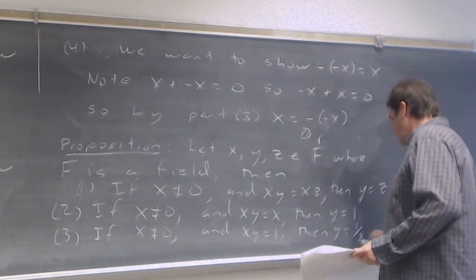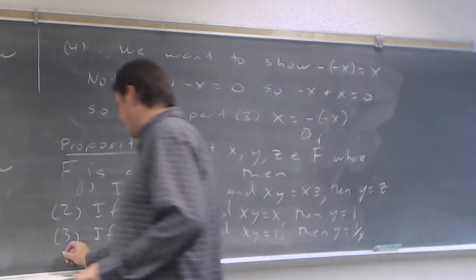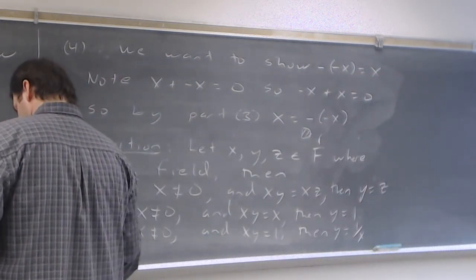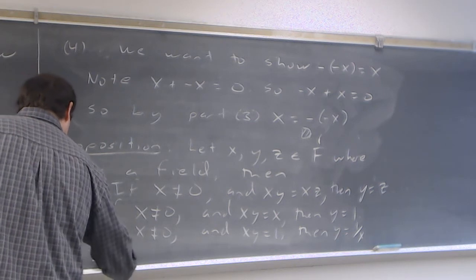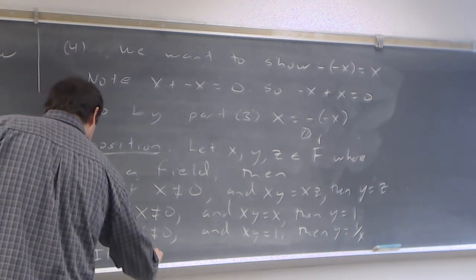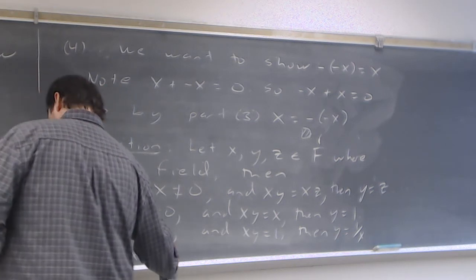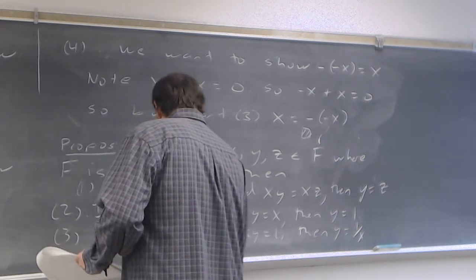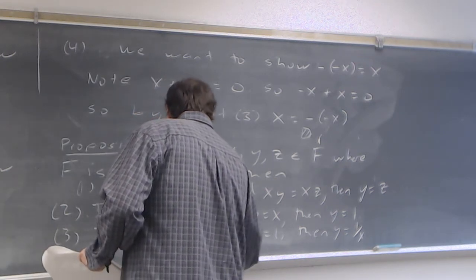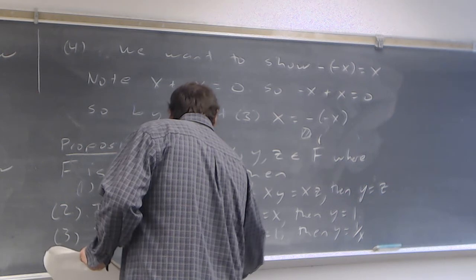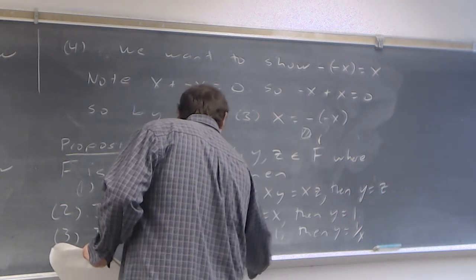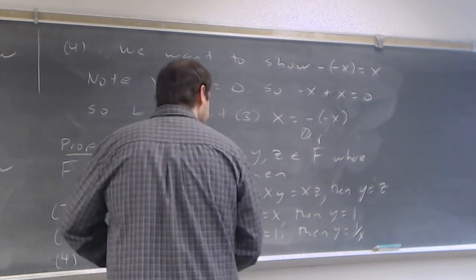And lastly, I'm going to squeeze this part 4 in here. It says, if x is different than 0, then 1 over 1 over x is the same thing as x.